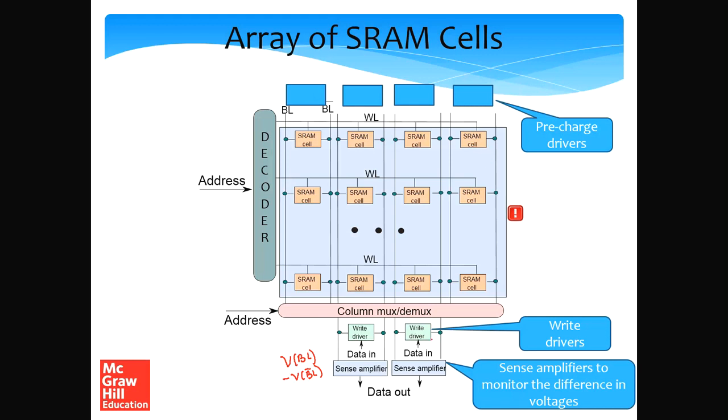A set of write drivers in this diagram to basically set the voltages of the bit lines. And some very specialized circuits called sense amplifiers that help monitor the difference in voltages between the bit lines such that we can declare a logical 0 or a logical 1, depending upon which way the difference is going.